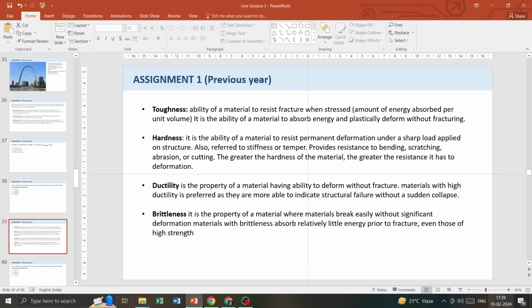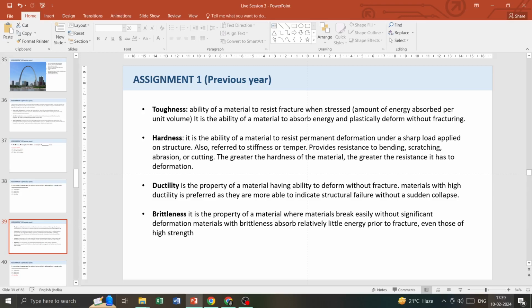Hardness, it is the ability of a material to resist permanent deformation under a sharp load applied on a structure. It is also referred to as stiffness or temper. It provides resistance to bending, scratching, abrasion, or cutting. The greater the hardness of the material, the greater the resistance it has to deformation. Ductility is the property of a material having ability to deform without fracture.